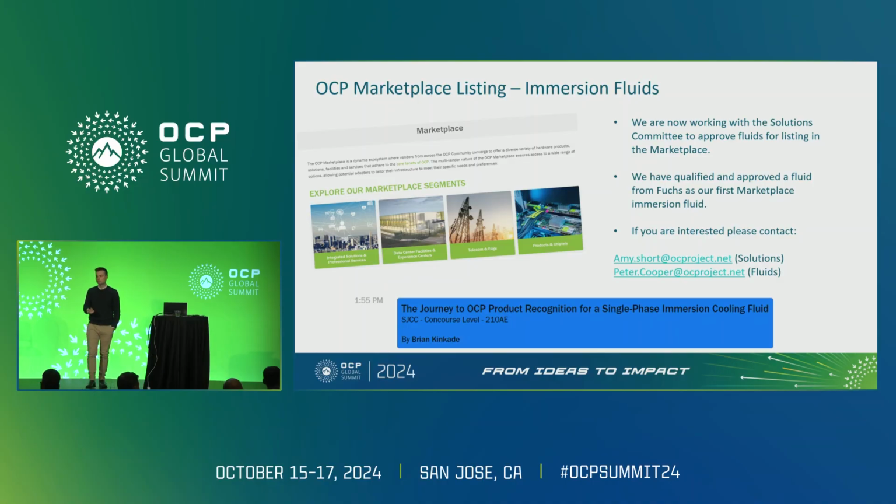I know there are a lot of fluid vendors active here, and a lot of you have been reading these documents, following them, trying to adapt your offerings to the OCP immersion fluid guidelines. But now for the first time, we're actually offering a process that lets you have us qualify and approve your fluid and ultimately list that on the OCP marketplace.